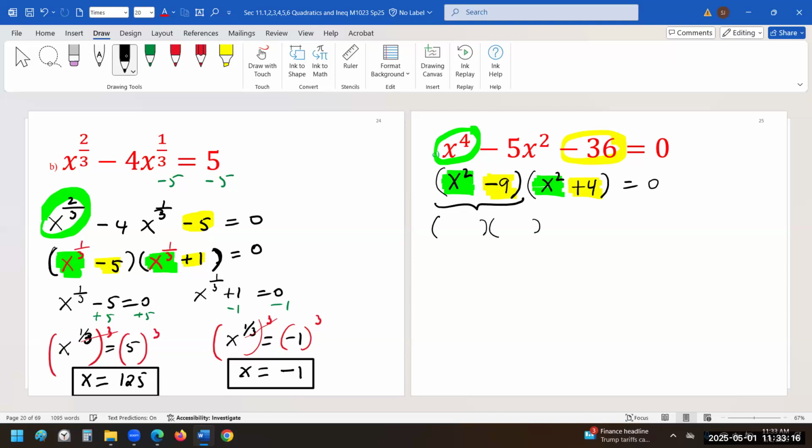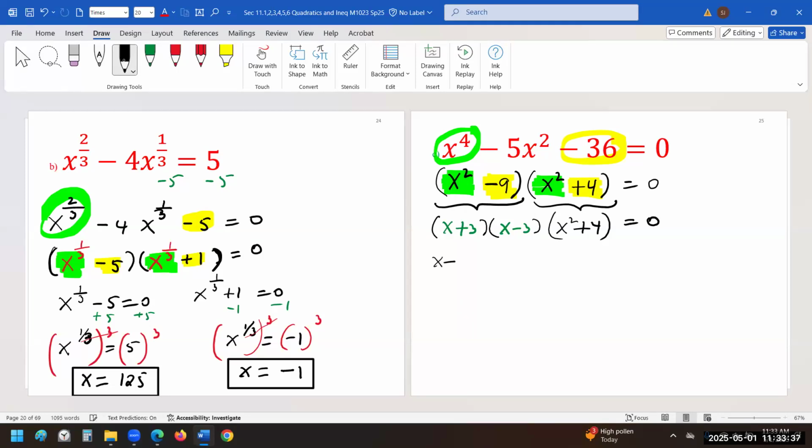What two factors do we get from this? x minus 3, x plus 3. And this is not factorable, so just leave it alone. x squared plus 4. That means instead of 2 terms, we actually have 3 terms, 3 factors.